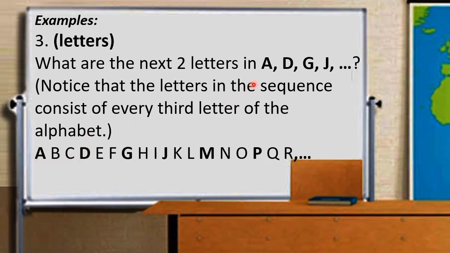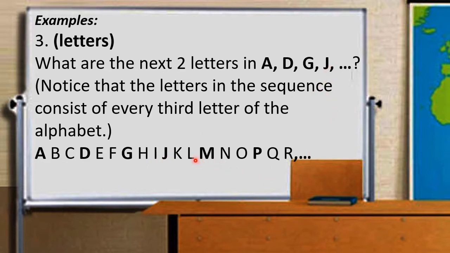A, so ito yon. Sabi niya, every third letter of the alphabet. Let us check. A, and then 1, 2, 3. So, kaya letter D. Next, 1, 2, 3, letter G. Next, 1, 2, 3, letter J.